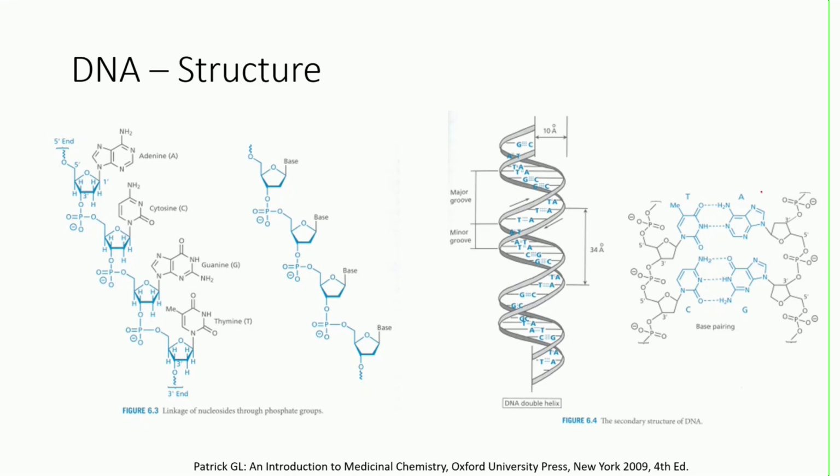And on the right side, you can see the pairing via hydrogen bonding between thymine and adenine, and cytosine and guanine. There are either 2 or 3 hydrogen bonds between them. And you can see here the double helix, showing also the major and minor grooves in the structure of the double helix.